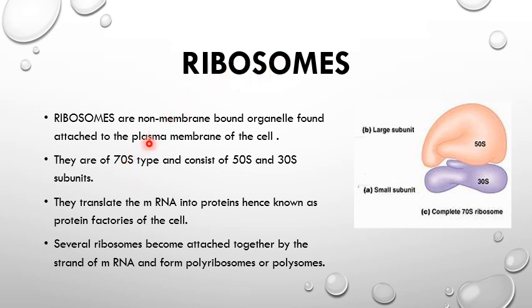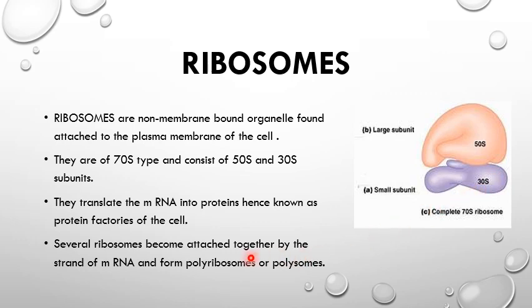So S stands for the sedimentation coefficient or Svedberg unit, and 70S consists of two subunits. The large subunit is 50S and the small subunit is 30S. So don't get confused that the two add up to 80 and we still call it 70S. It is 70S, with the large subunit 50 and the small subunit 30.